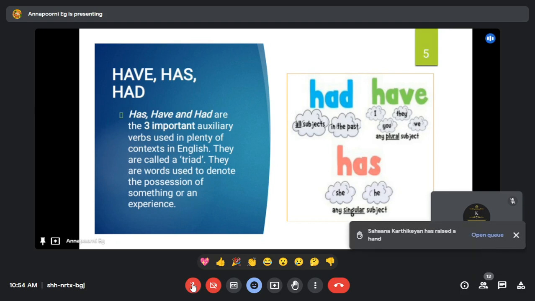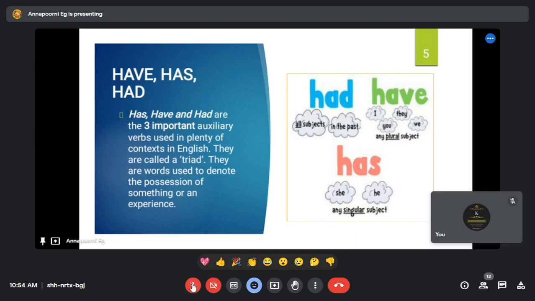Tricycle is also a cycle which has three wheels. This tricycle is usually used by children who are less than 5 years. Till 5 years of age, children ride tricycle. Only after that we will buy bicycles for them. Bicycle will have only two wheels, but tricycles will have three wheels.